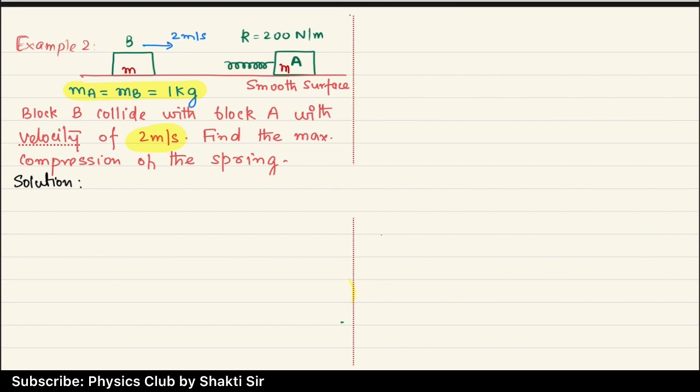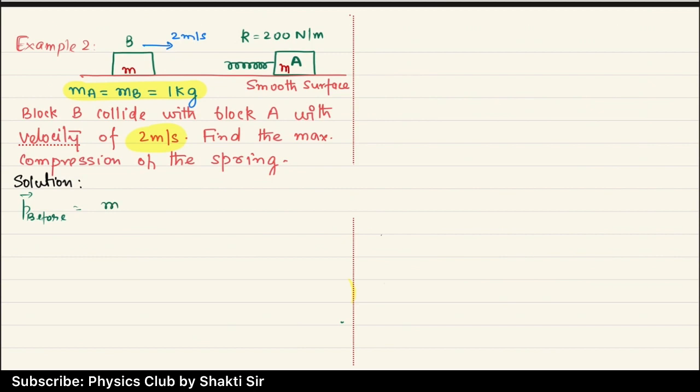Okay, so first concept here we will use, that is the conservation of linear momentum. So what is the linear momentum before collision? The linear momentum before collision is equal to mass into velocity, that is u1.